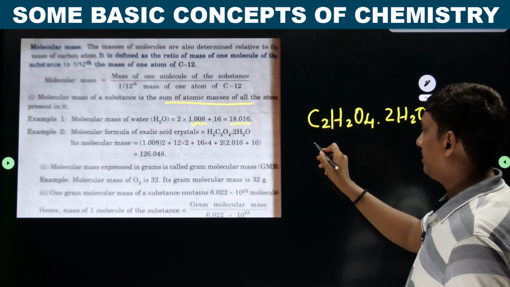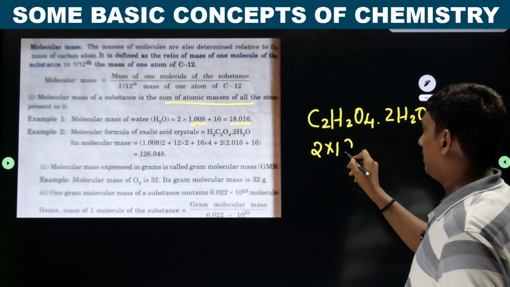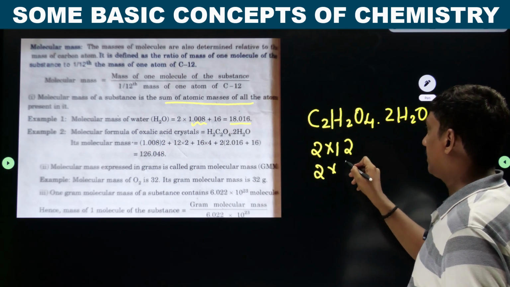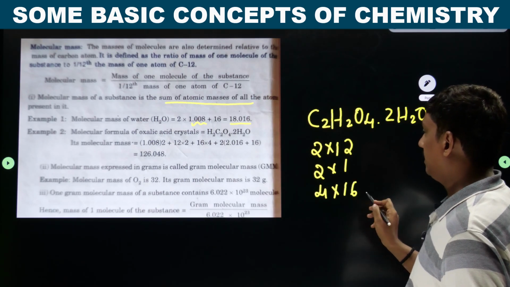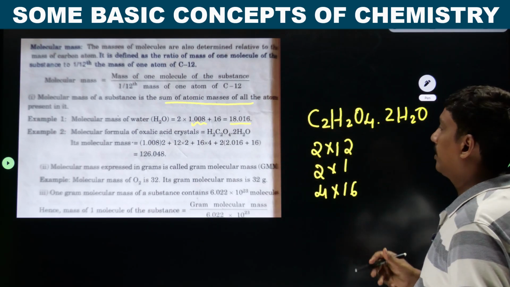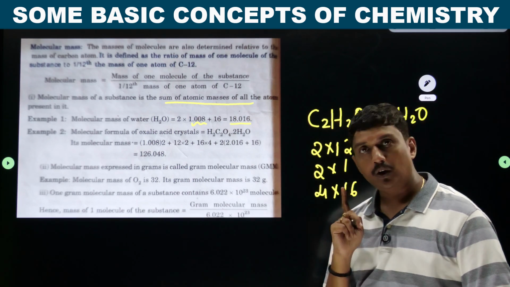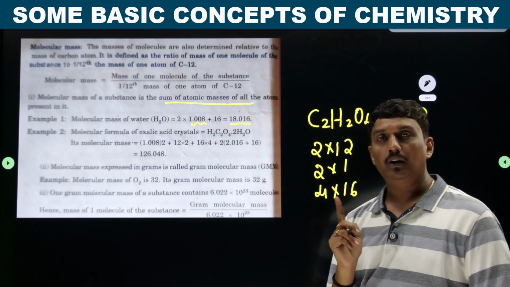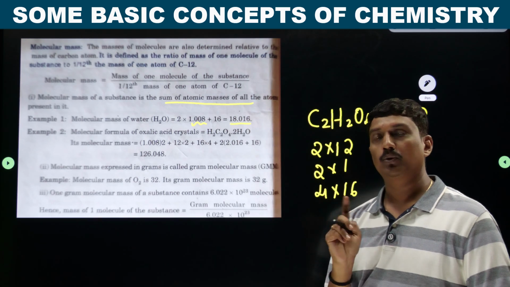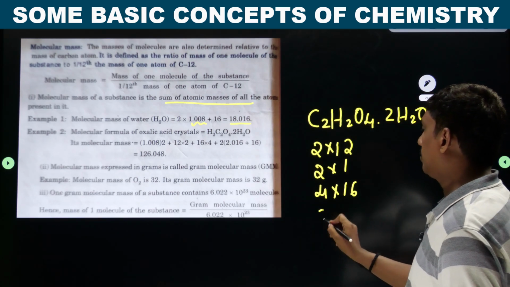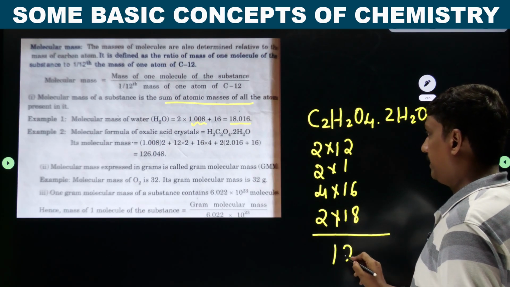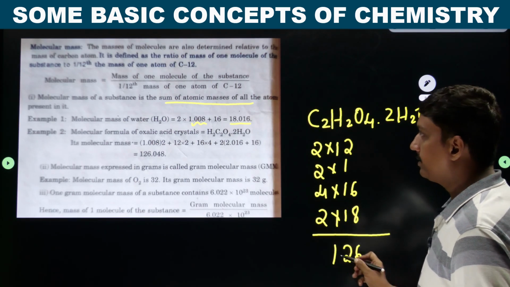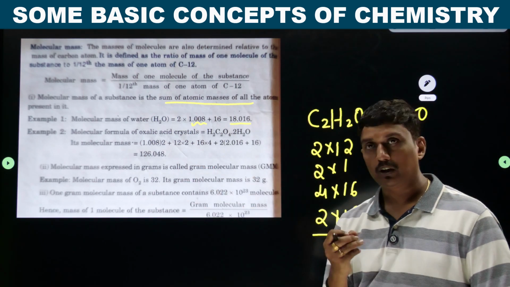You take carbon, 2 into 12, hydrogen 2 into 1, oxygen 4 into 16, and two water molecules. One molecule of water is 16 plus 2, which is 18. If you sum up with 2 into 18, we get 126. So this is the molecular mass.